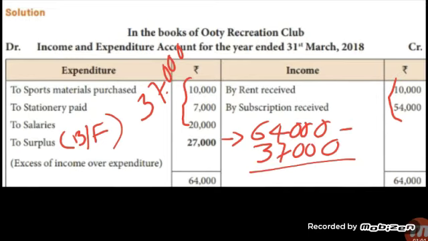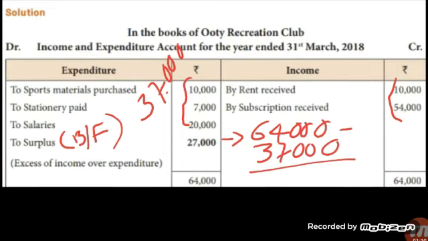So first write the amount on the credit side. Then write the same amount on the opposite side, that means on the debit side. Then find the difference, that is 64,000 minus 37,000, which is equal to 27,000.